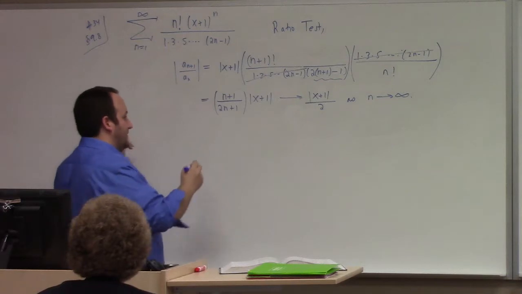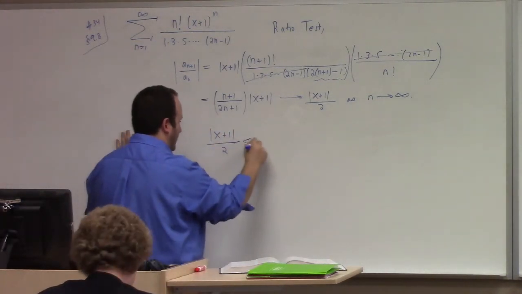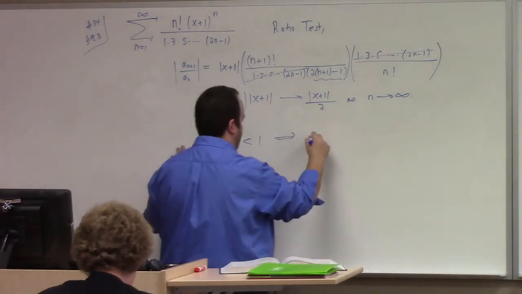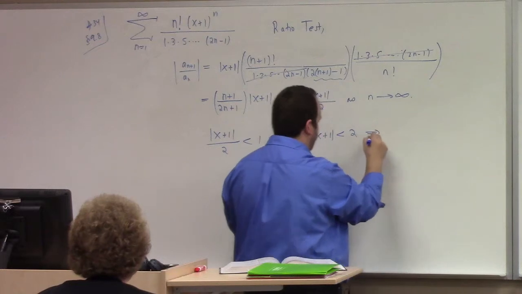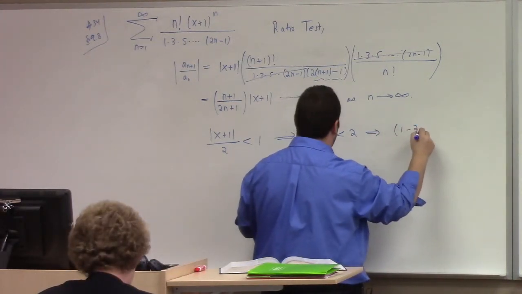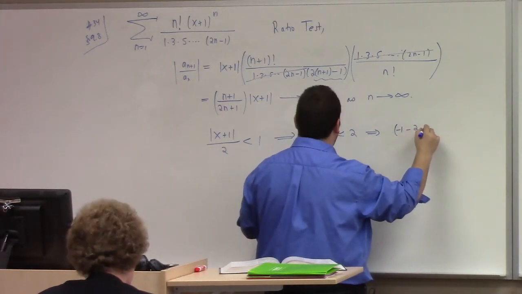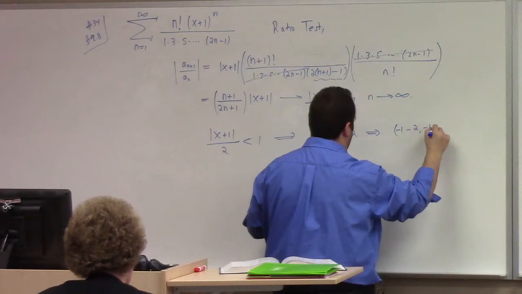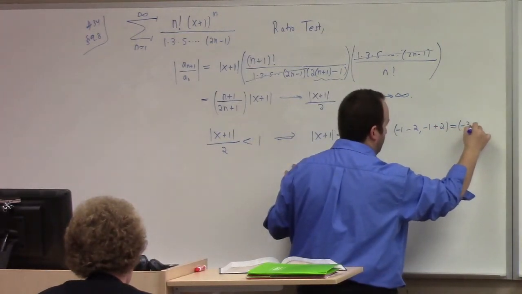So my ratio test says I need the absolute value of x plus 1 over 2 less than 1. So that says the absolute value of x plus 1 is less than 2, which tells me that the interval of convergence includes minus 1 minus 2 to minus 1 plus 2, aka minus 3 to 1.